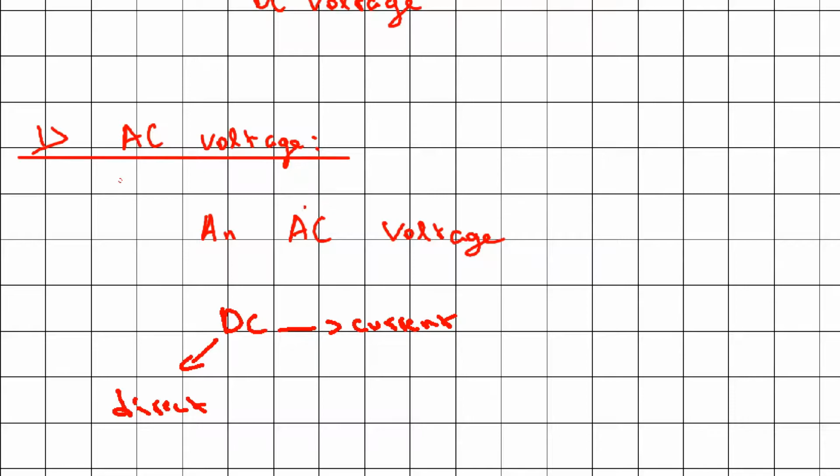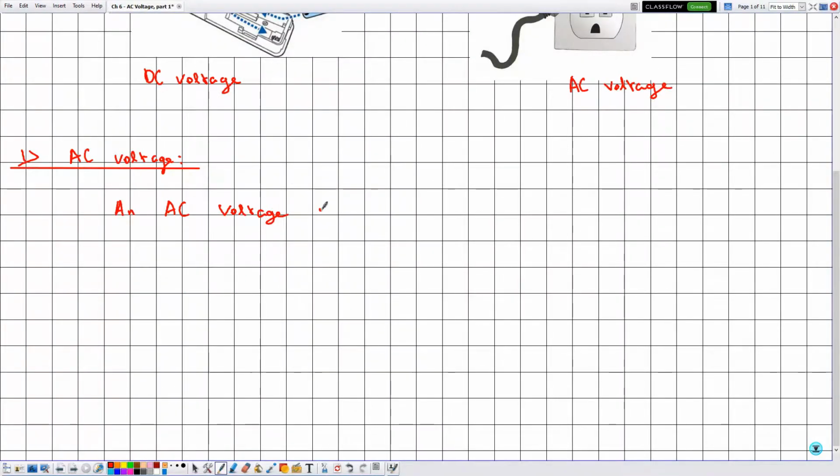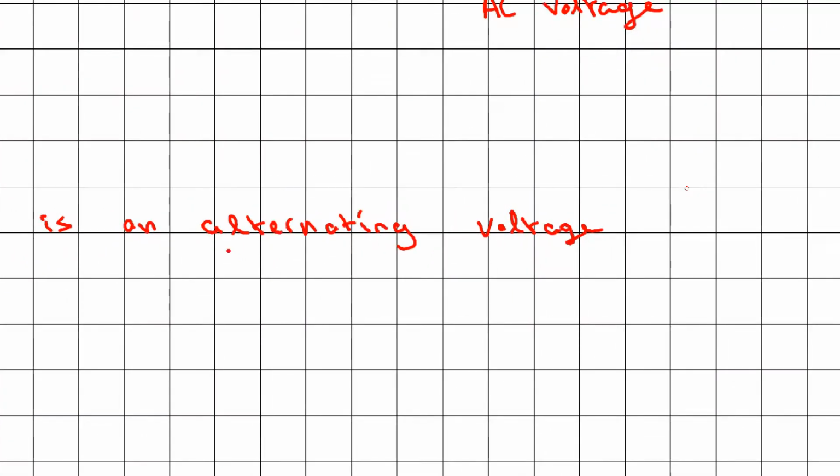Now in this case AC, C also stands for current, but A in this case stands for alternating. For this reason it is an alternating voltage. By alternating here, I mean it's changing.